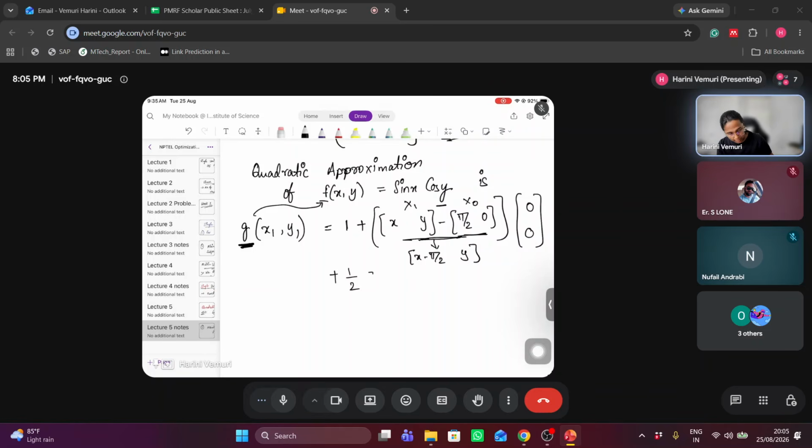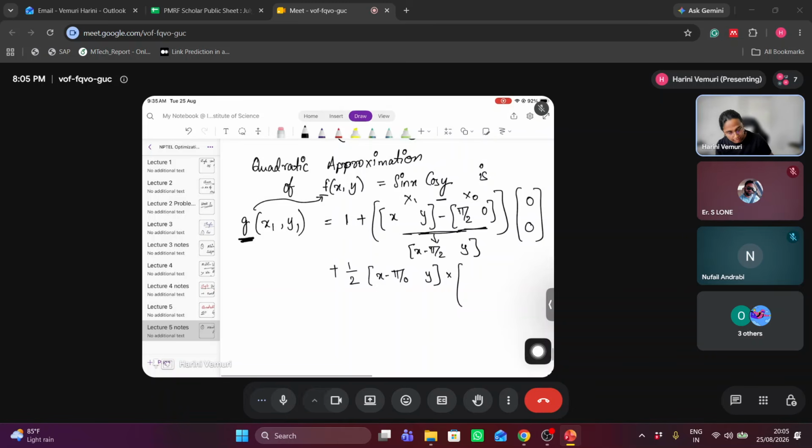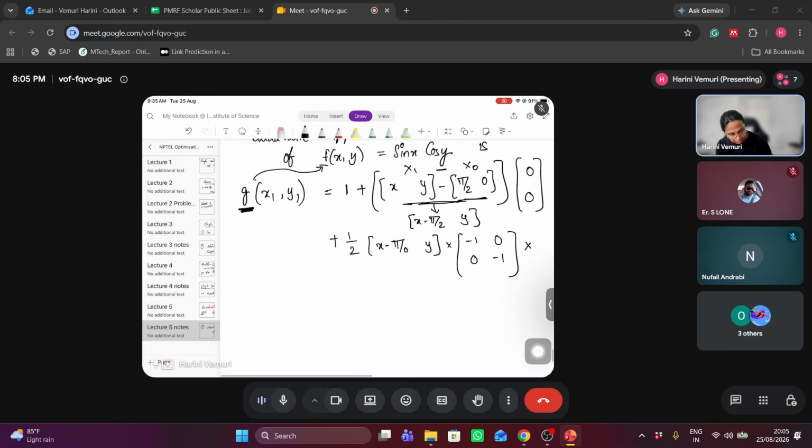Next, here it will be x minus x naught, y. I am just writing it directly. Then we have the Hessian matrix minus 1, 0, 0, minus 1. Then we have into x minus x naught transpose, so it's x minus pi by 2 and y.